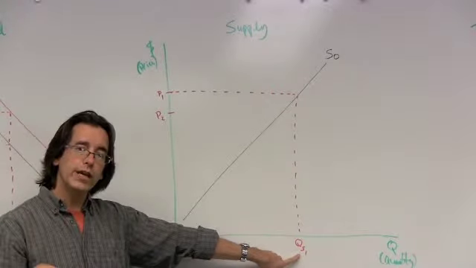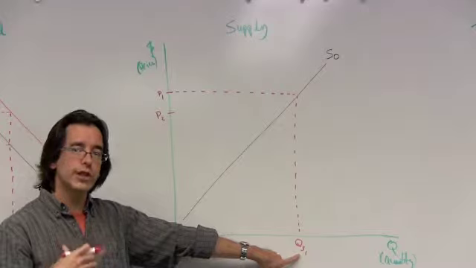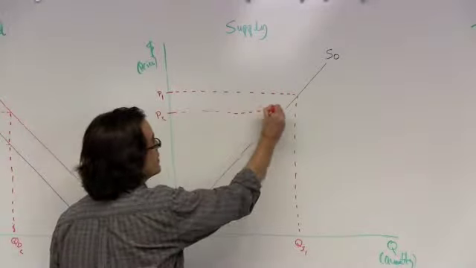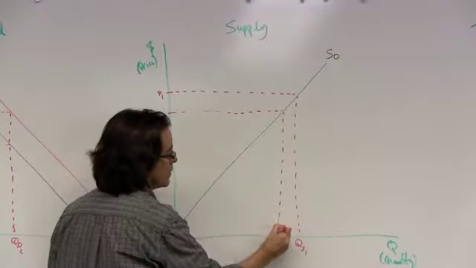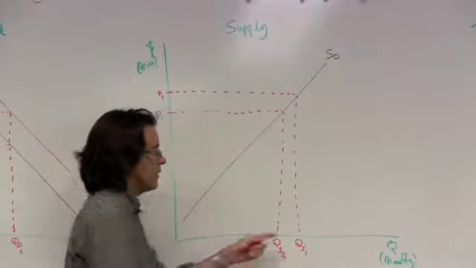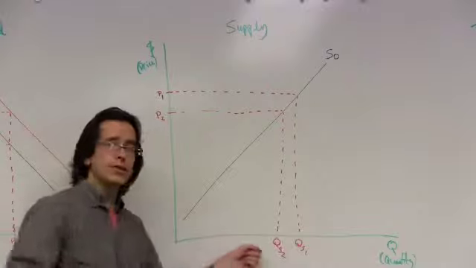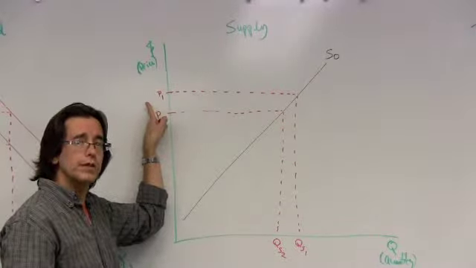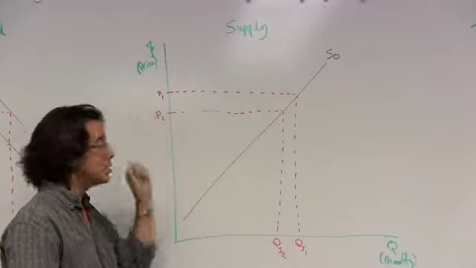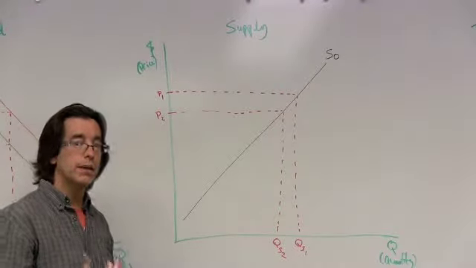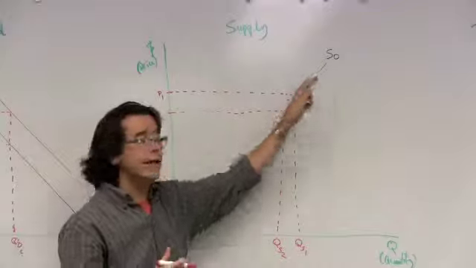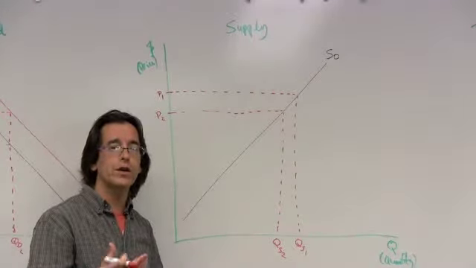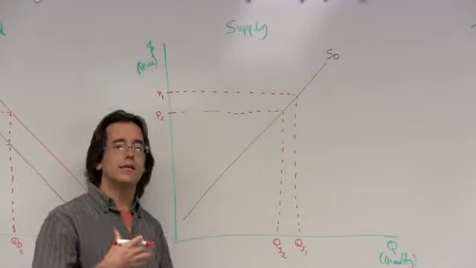If there's only a change in the market price, no other changes in the underlying behavior of firms, so let's say the price comes down, well, it makes sense that we would see a decrease in the quantity supplied resulting from a decrease in the price. The only thing that's changed is the price. But again, if there's something underlying the behavior of the firms that's represented by the supply curve, we would see a shift in the supply curve.